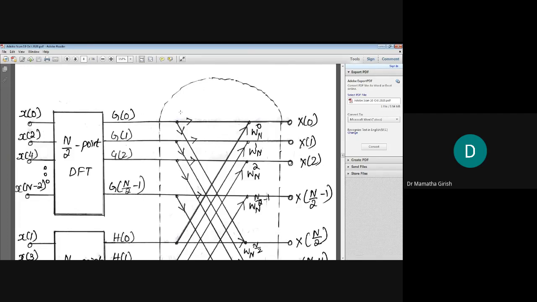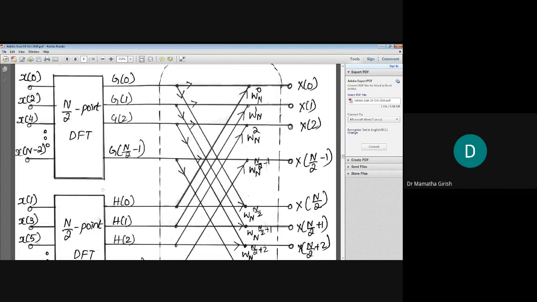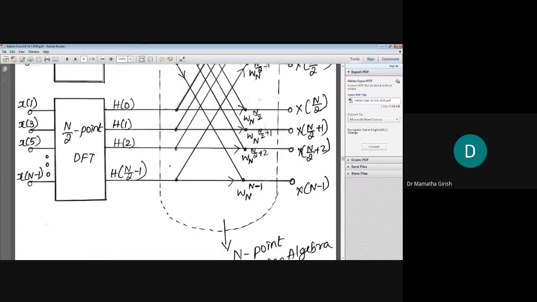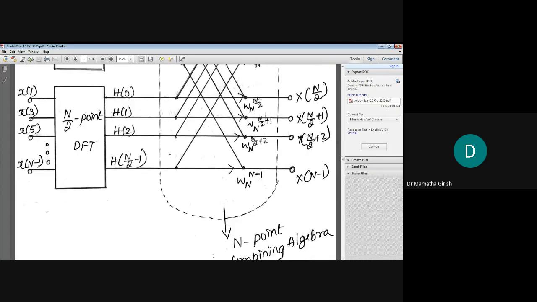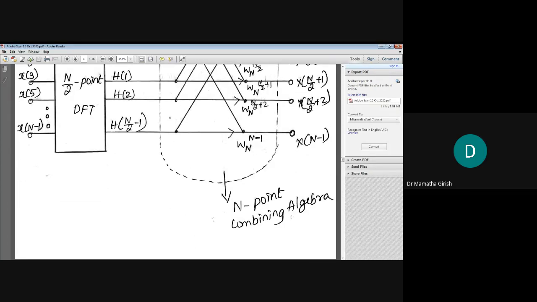G of 0 plus, not simply H of 0, G of 0 plus W_N of 0 multiplied to H of 0. G of 0 plus W_N of 0 into H of 0 is X of 0. Since I'm trying to add up these two terms with one multiplicative term, since a bit of mathematics has been employed over here, it is called combining algebra.